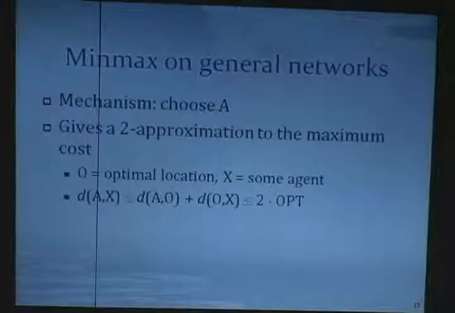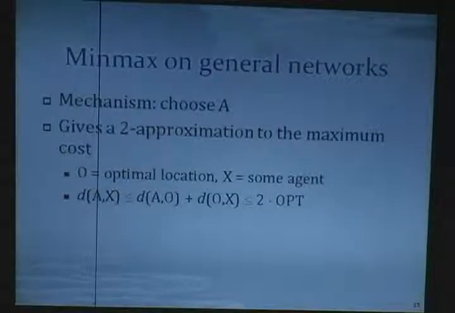So let's denote the optimal location in terms of the maximum cost by O, and X is going to be one of the agents. Now, we just choose the location of A. The distance between A and X is at most, by the triangle inequality, the distance between A and O, plus the distance between O and X. The distance between O and X is at most the optimal solution, right?